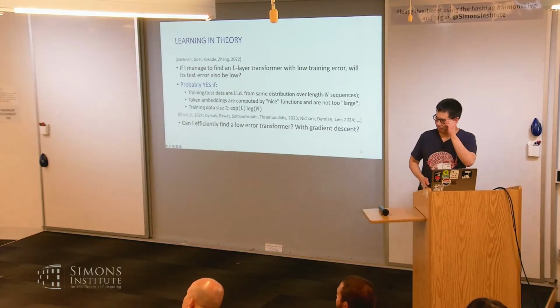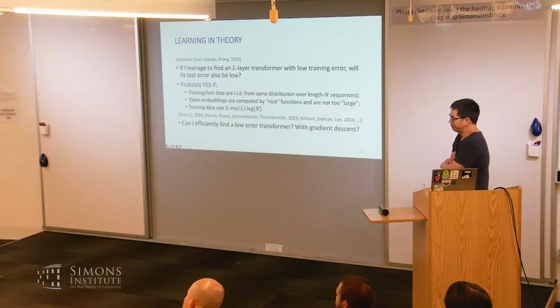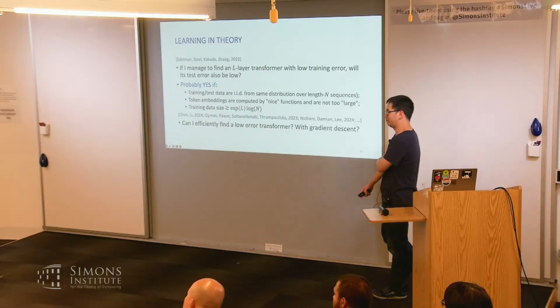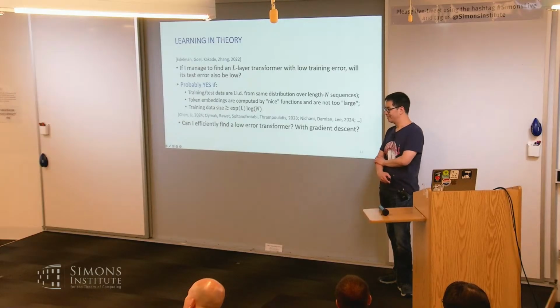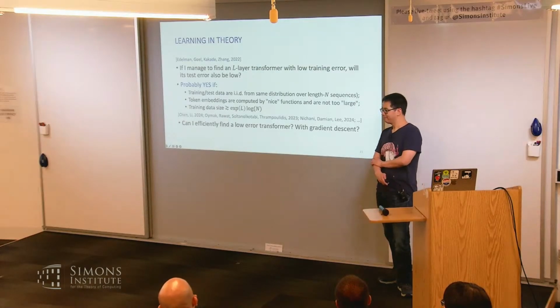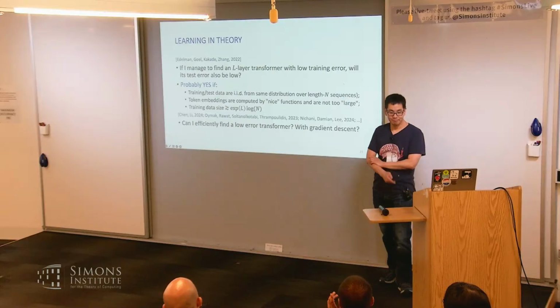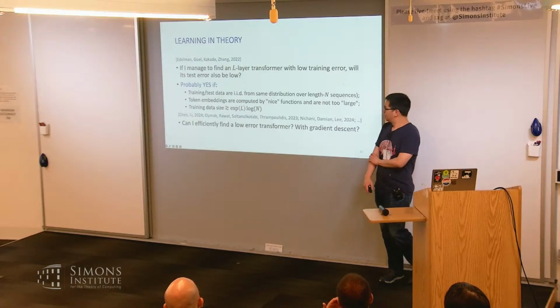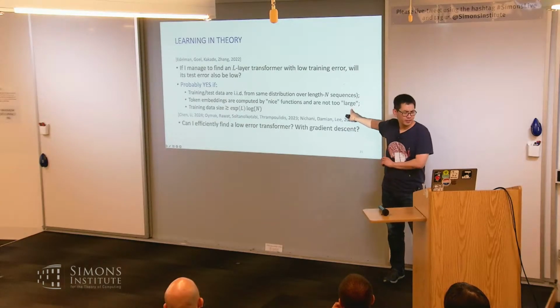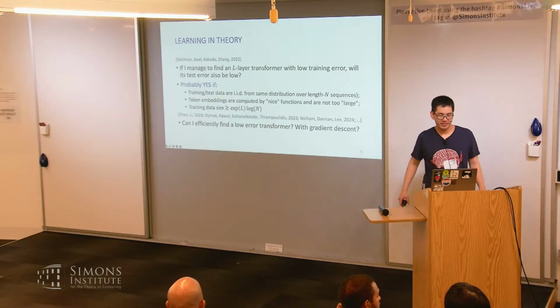When you say efficiently find a low error transformer, you mean start from scratch. But what if you had one, and now you want to improve it? Great question. Sorry, for the training error, do we make any assumptions about what specific error, or do we need convexity or something? In this theorem, I assume any Lipschitz loss is fine.